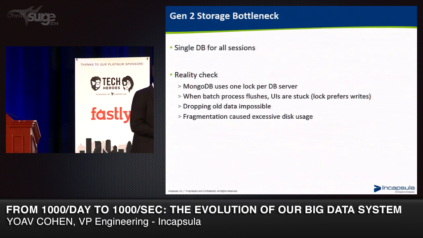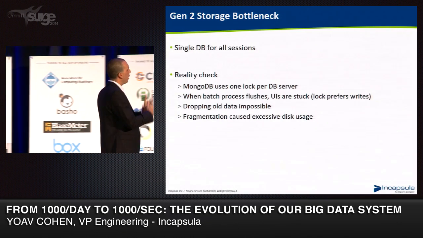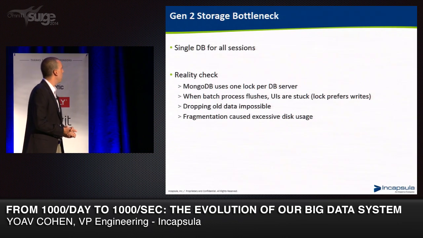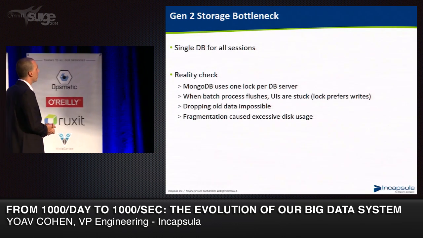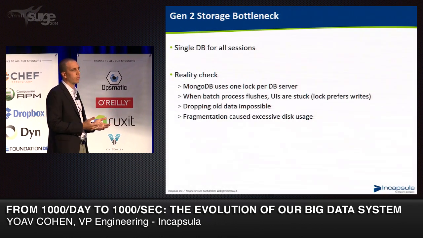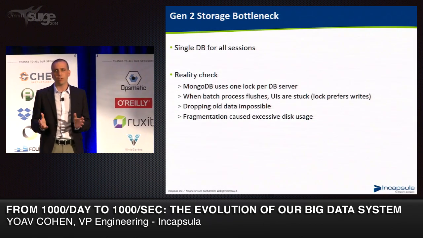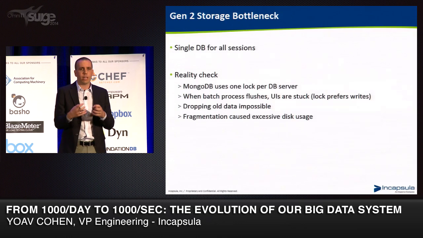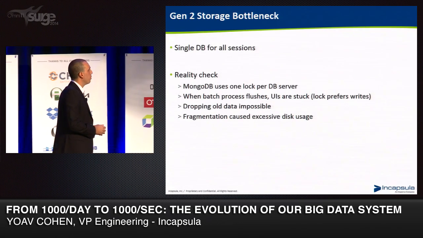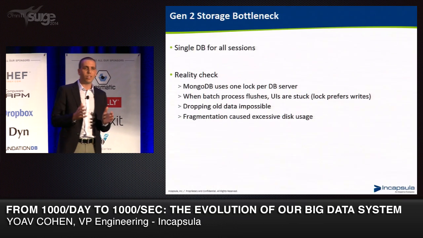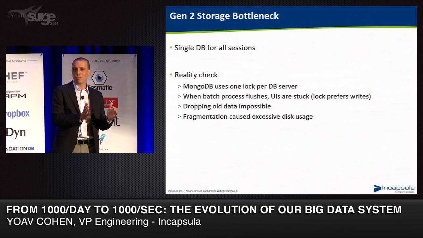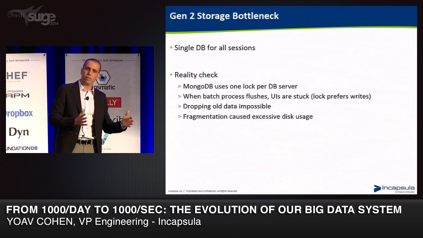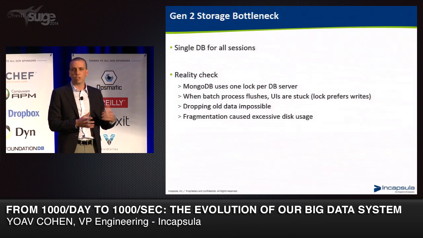And MongoDB does not have great concurrency features. I would say this mildly. And it has one lock, or at least at the time, it had one lock per database server. So if you do a write, you can't do a read in the entire database server. That's a very big problem because our batch process likes to do lots of writes in a short period of time, which, as the amount of data gets bigger, this time frame becomes larger.